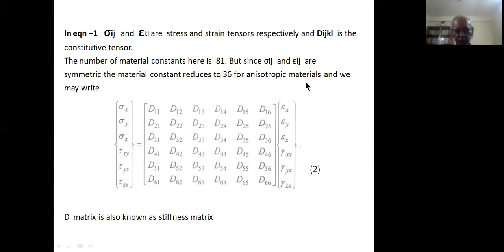for anisotropic materials. Anisotropic material means that the material properties vary in different directions. Properties in x direction, y direction and z direction are different. In that case, we can write the constitutive equation in a very simple way.